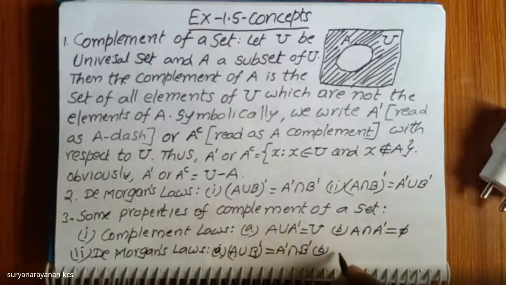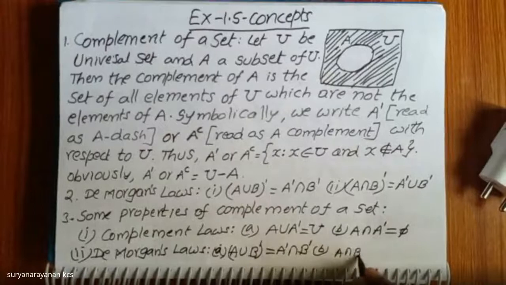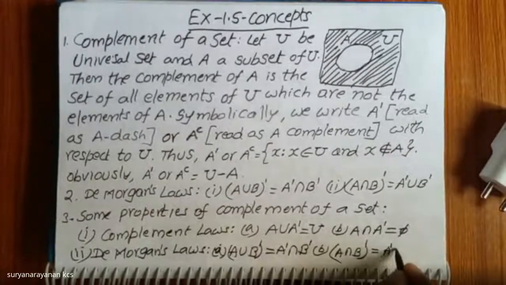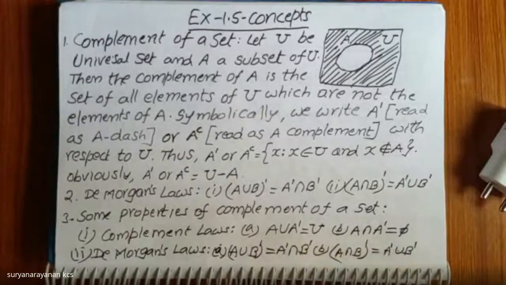And the second one, A intersection B whole dash is equal to A dash union B dash. Okay, my children. And two more properties are there of complement of a set.